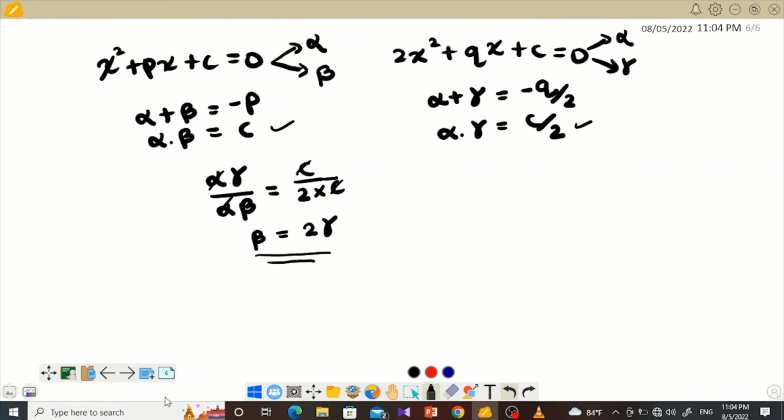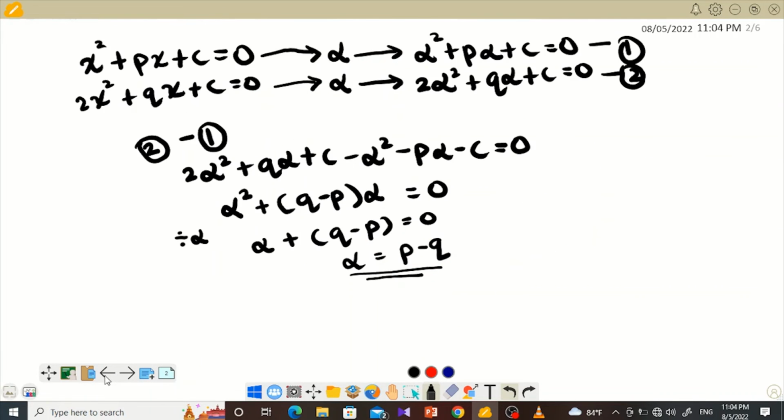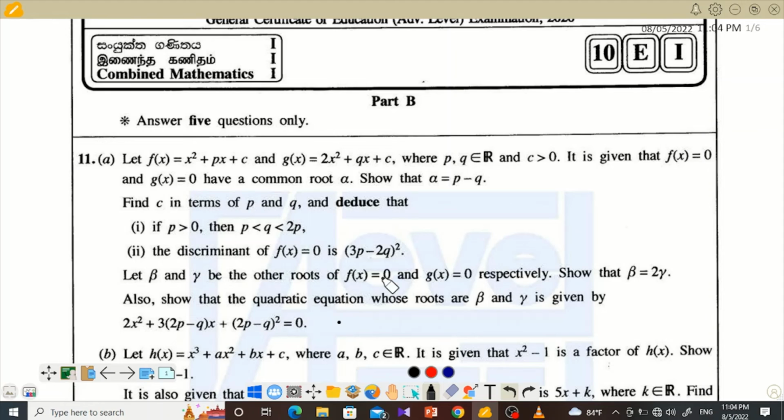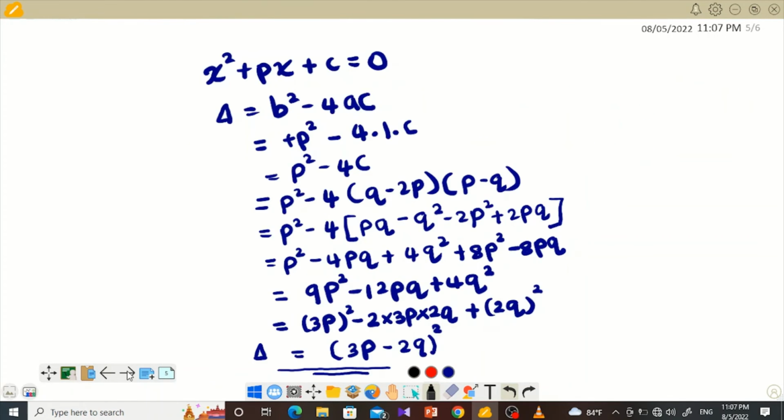Then we have to find the quadratic equation whose roots are beta and gamma. Okay, let's find the quadratic equation whose roots are beta and gamma.